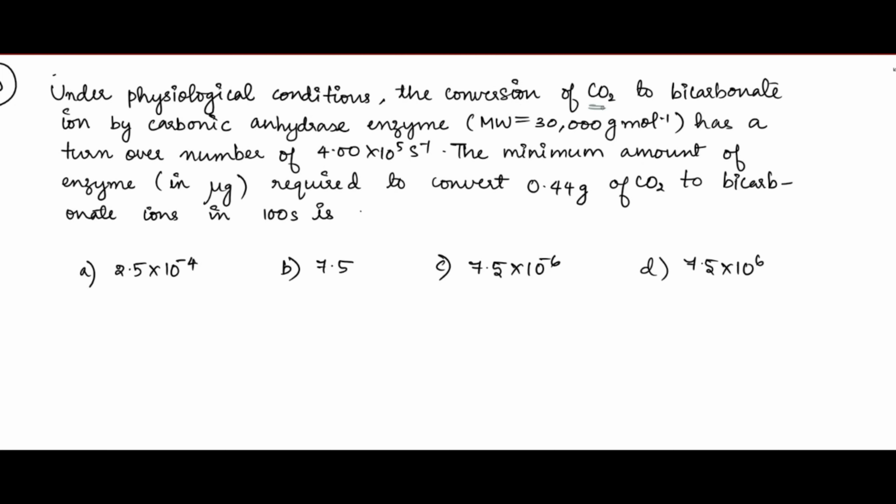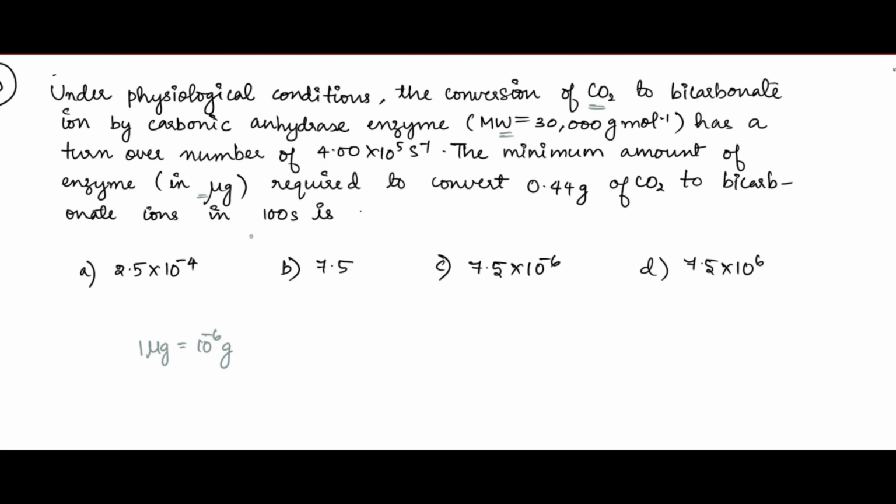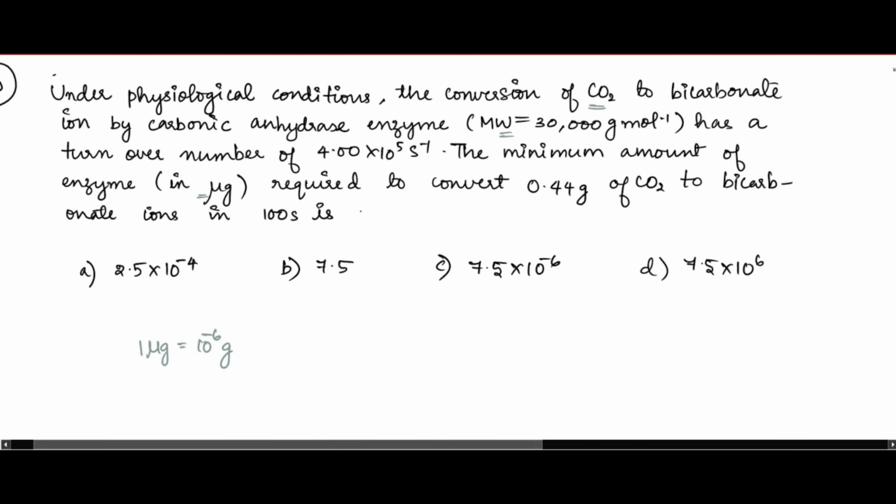And enzyme in the molecular weight തന്നിട്ടുണ്ട്. It has a turnover number of 4 into 10 to the power 5 per second. And the minimum amount of enzyme in microgram. What is 1 microgram equal to? 1 microgram is equal to 10 to the power minus 6 grams. Required to convert 0.44 grams of carbon dioxide to bicarbonate ions in 100 seconds.